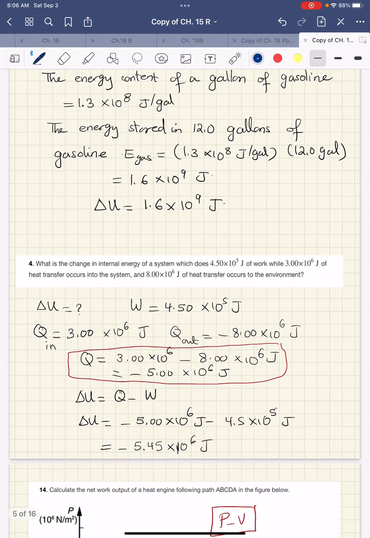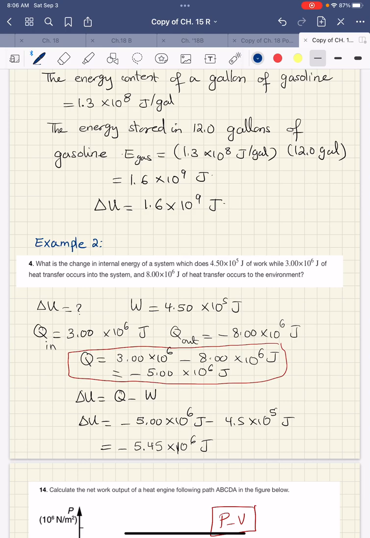Now, example 2 here. What is the change in internal energy of a system which does 4.50 times 10 to the 5 joules of work while 3.00 times 10 to the 6 joules of heat transfer occurs into the system, and 8.00 times 10 to the 6 joules of heat transfer occurs to the environment?